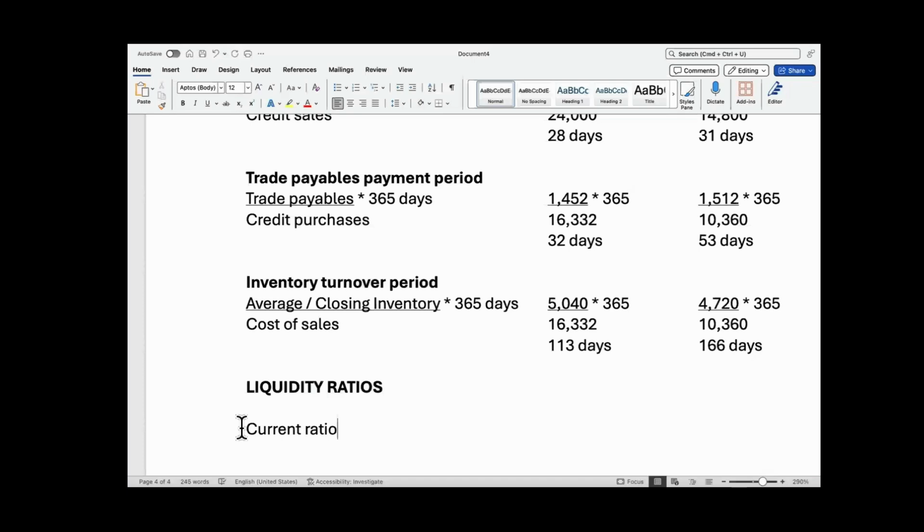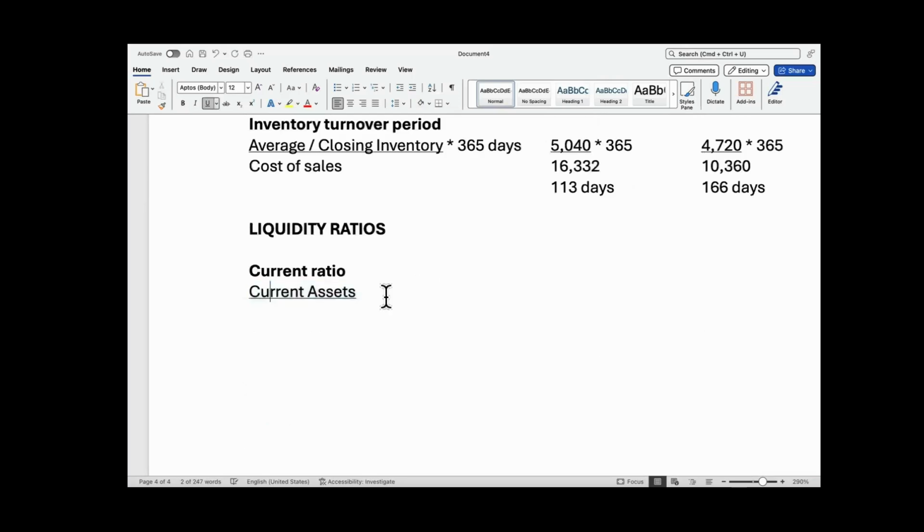And the current ratio is simply current assets divided by current liabilities. And what does your current ratio measure?